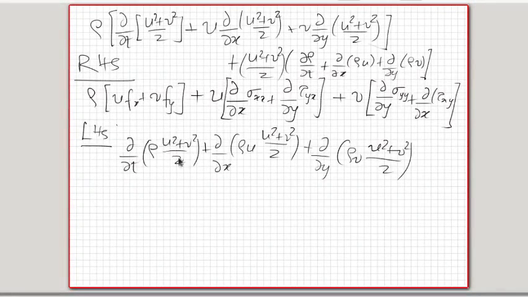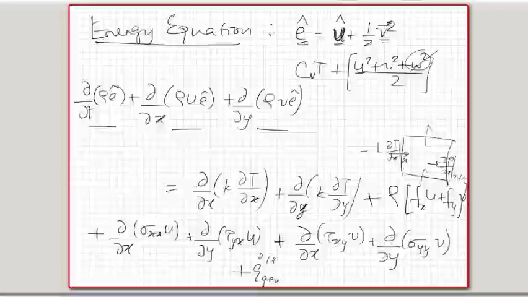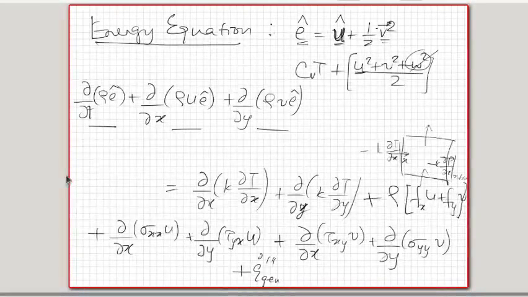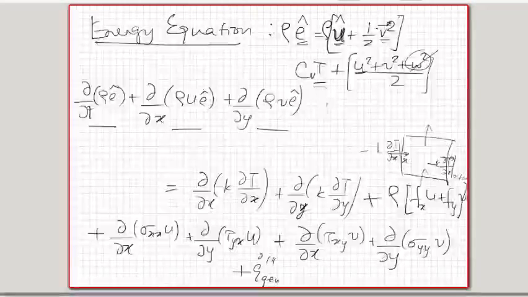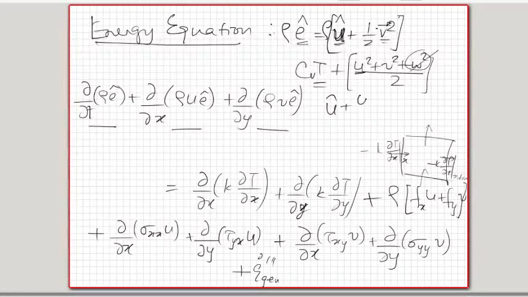So you get this. So this is from the momentum equations. So if you subtract this left hand side from the left hand side of the energy equation, which is here, so you have this is rho E, which is rho times this, which is nothing but u plus u squared plus v squared by 2.